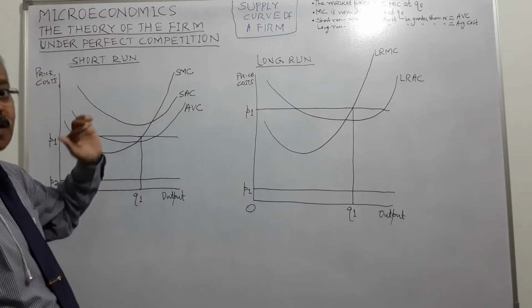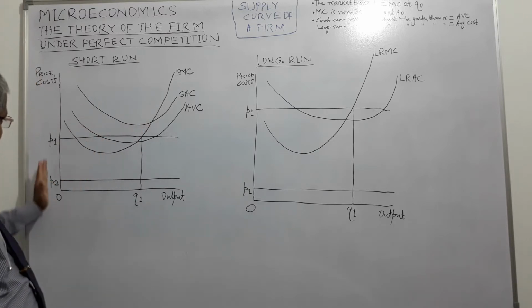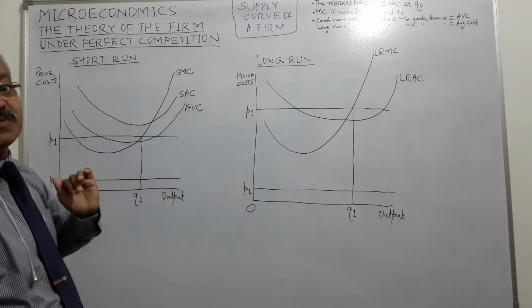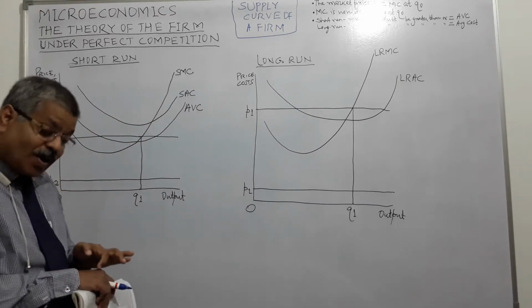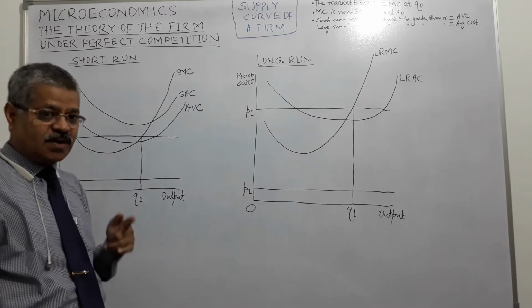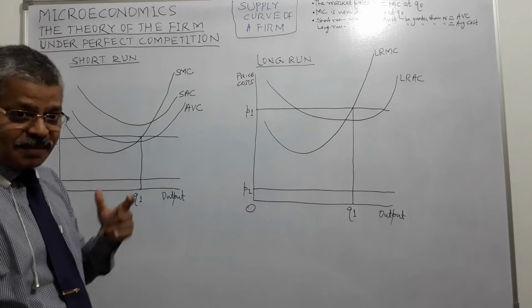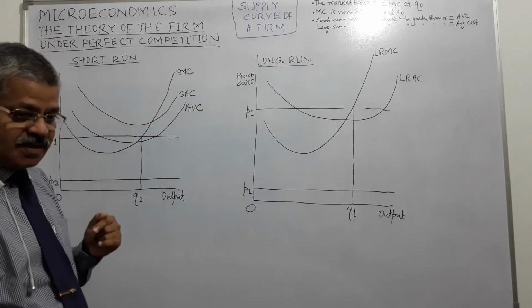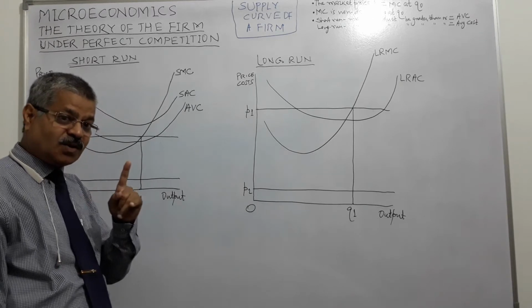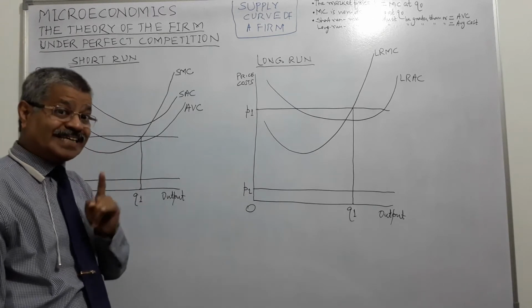If you see here, level of price at P1, and we equate this side with the output side, supply side by the firm. So we go to the short run marginal cost curve, and we equate P1 with the rising part of the SMC. Why do we see the rising part of the SMC? Because for profit maximization, out of the three conditions, one condition is that marginal cost should be non-decreasing.